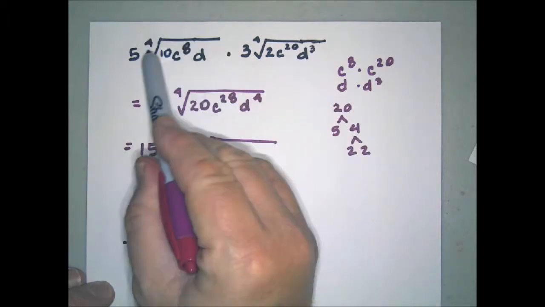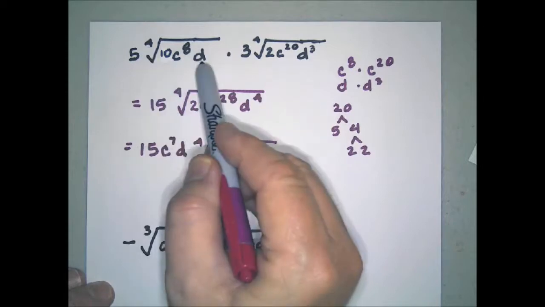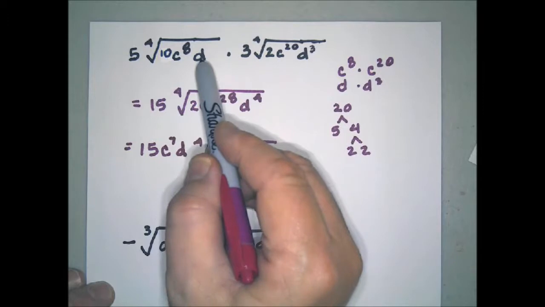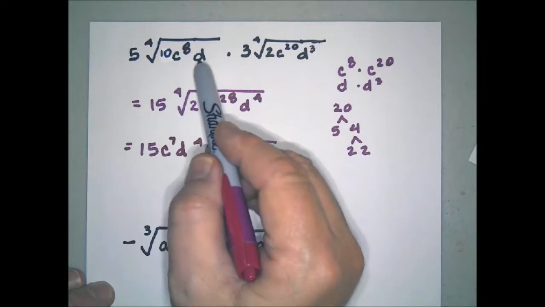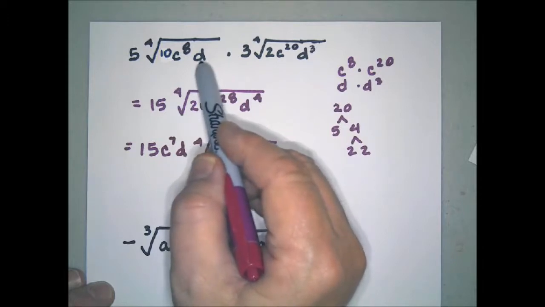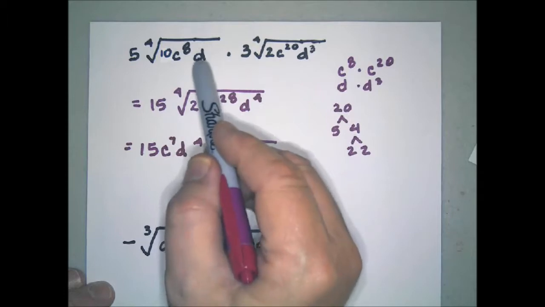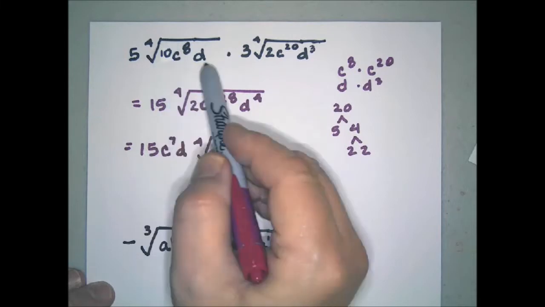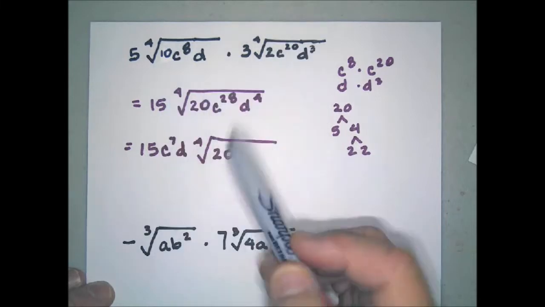I can't take an even root of a negative number. So I know for a fact d is limited to non-negative numbers. So I don't need my absolute value bars, because if d were negative, this would not be able to be done. But how about the c?